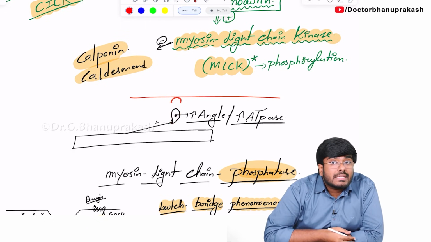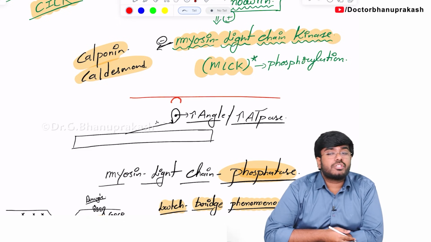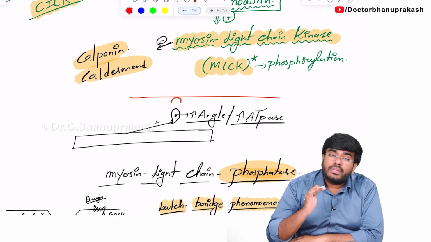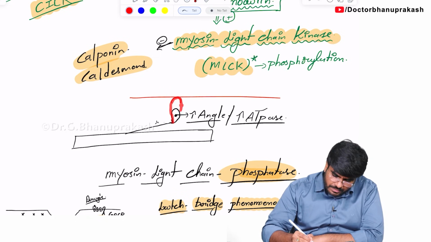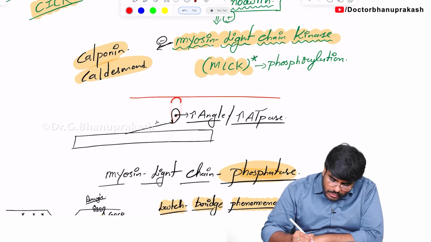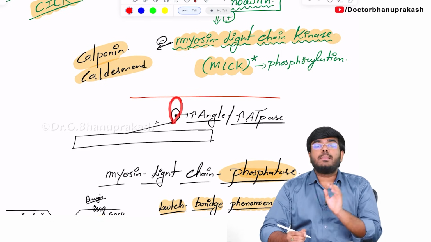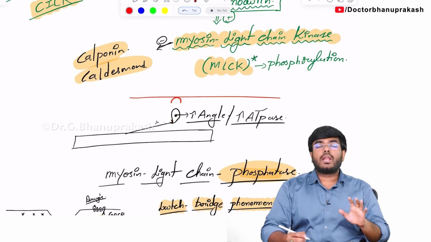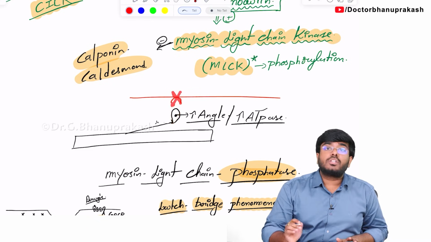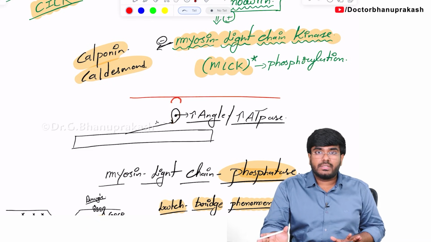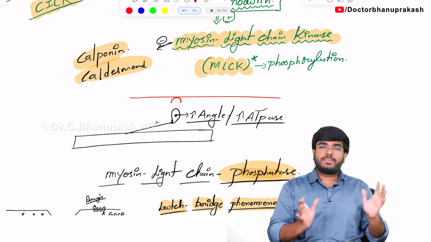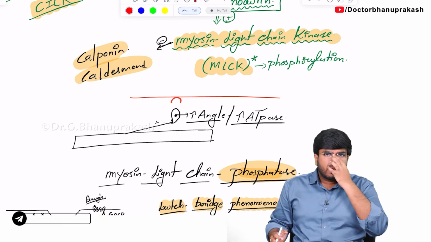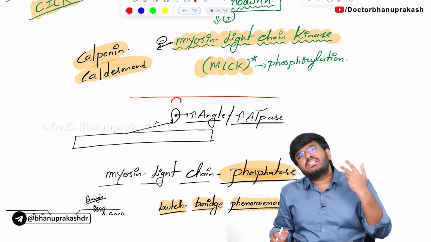But in smooth muscles, even after the relaxation, during the relaxation phase, some cross bridges are still present. The myosin head is not going to detach from the active site. Let's say if there are 100 cross bridge formations, some cross bridges are just left over like that.